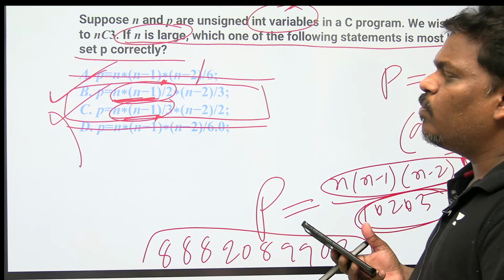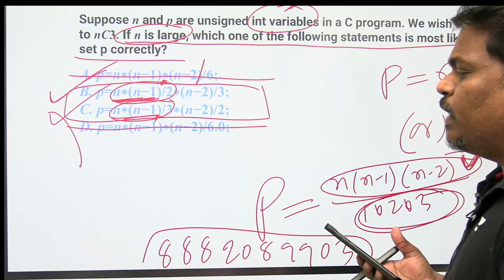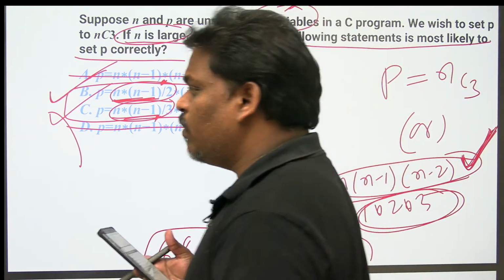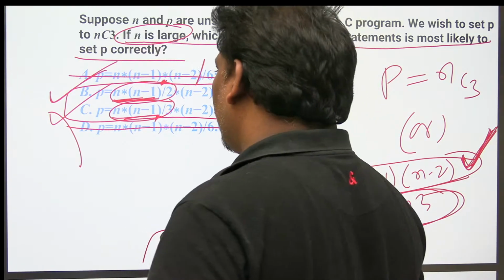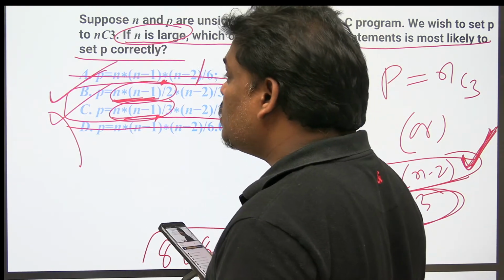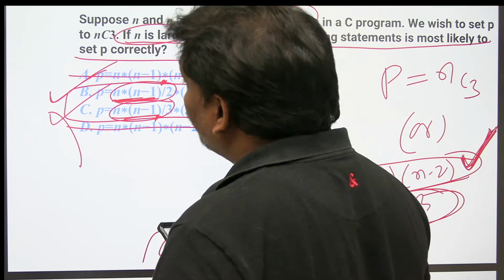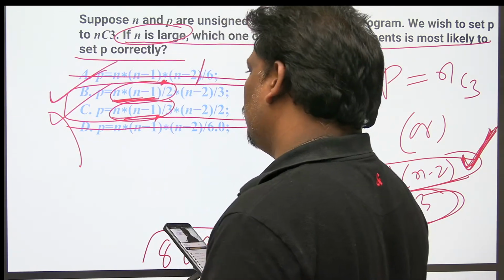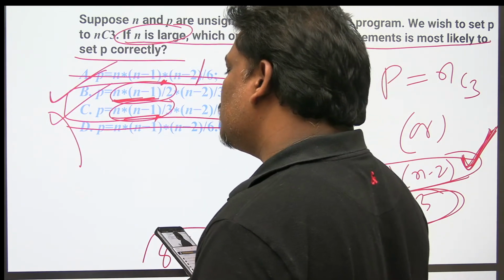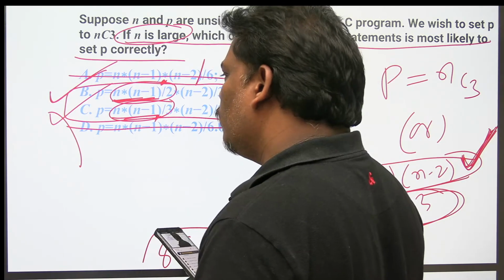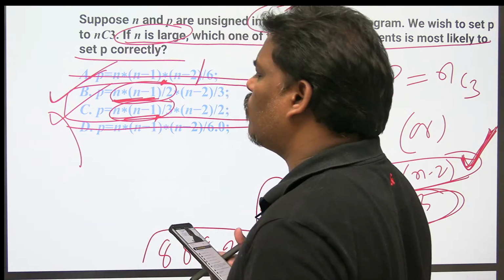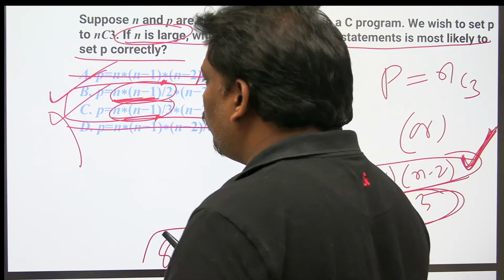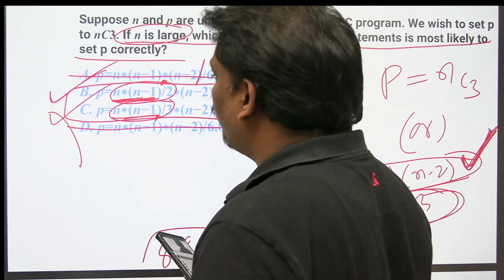When I read the problem once again, okay, n is large. So n into n minus 1 into n minus 2 will become very large, which means overflow is coming. If you see option A and option D, they divide by 6 after overflow. Options B and C stop the overflow before it happens. Overflow means problem happened, so you have to solve before overflow.